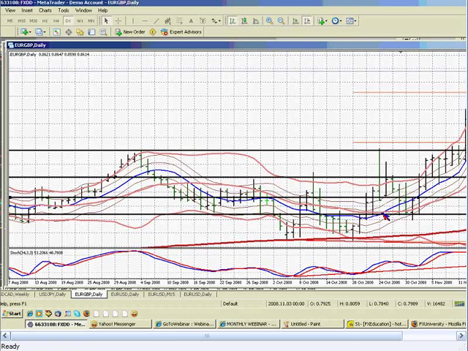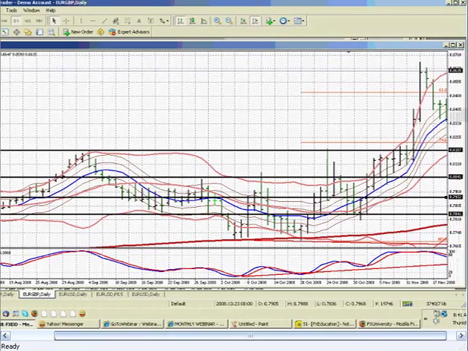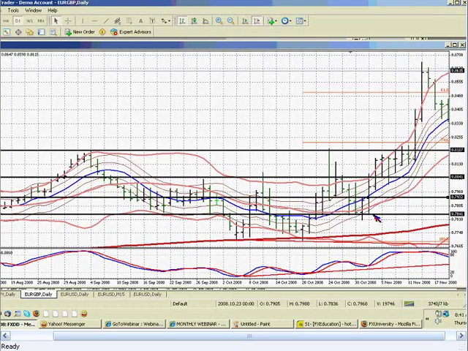But if we went long somewhere here, we would have been kicked out with a loss unless we put a stop loss quite far. One way to put a stop loss would have been to measure this swing and put it somewhere below 61.8. But most likely, you're going to be kicked out with a loss.